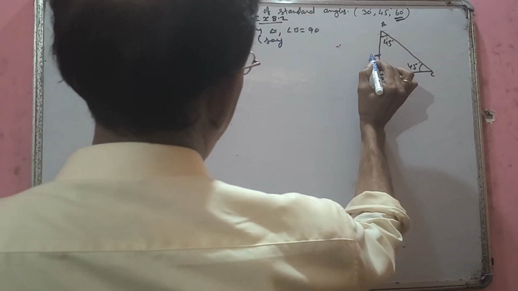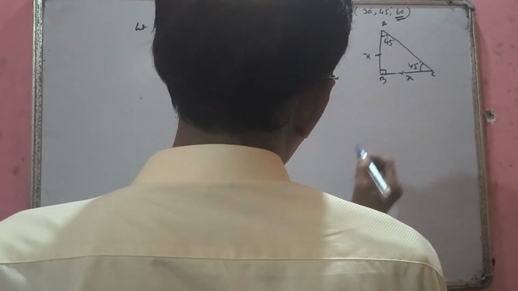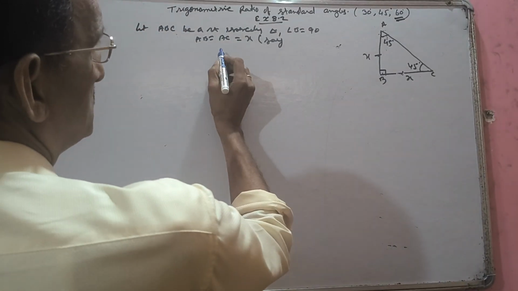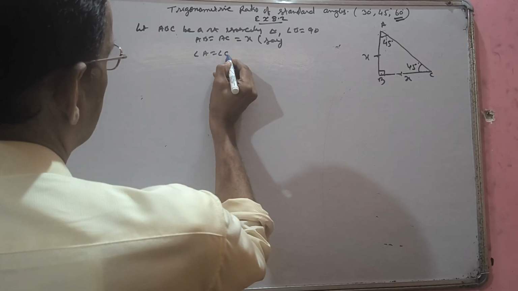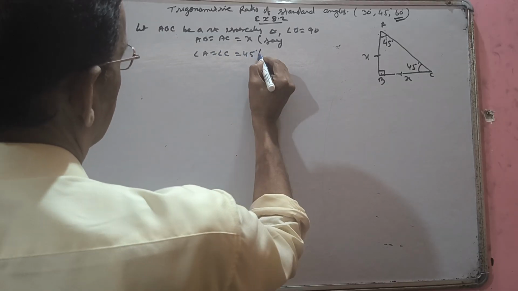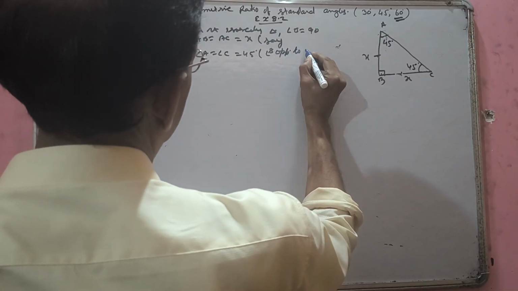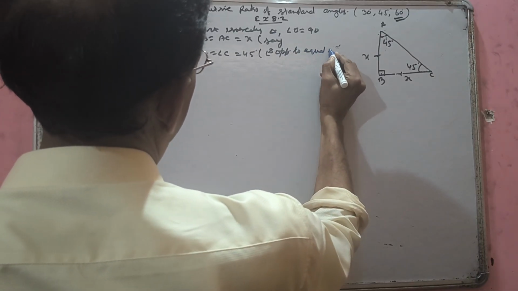Let us assume AB equal to x. Isosceles triangle, two sides should be equal, no? If AB equal to BC, then angle A equal to angle C equal to 45 degree, angles opposite to equal sides.